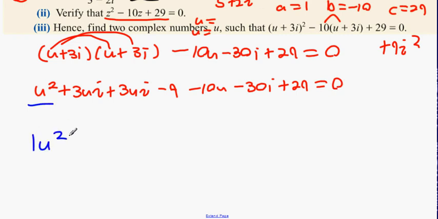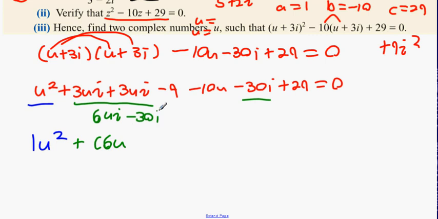We got 1u squared. Then the second one, I think we got 6ui minus 30i.